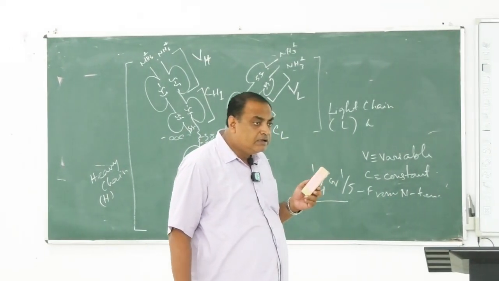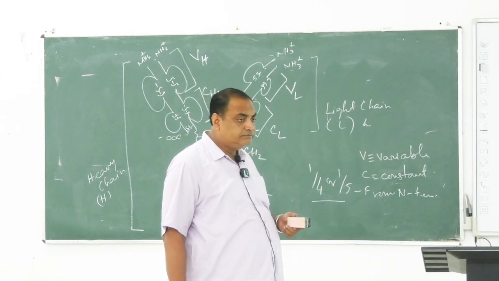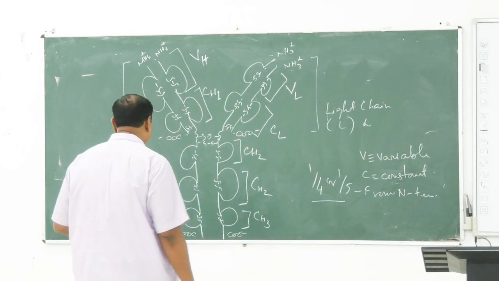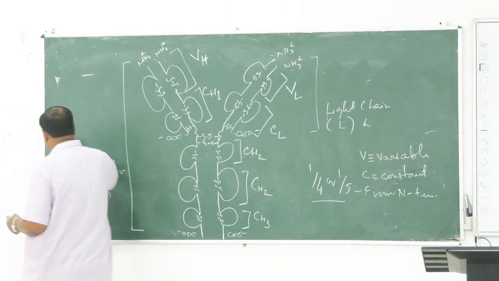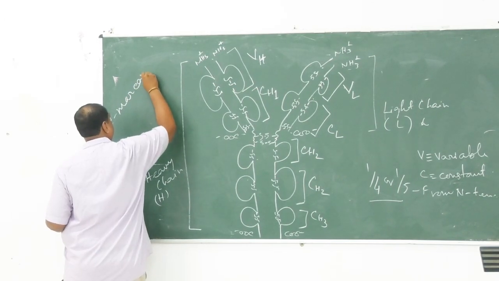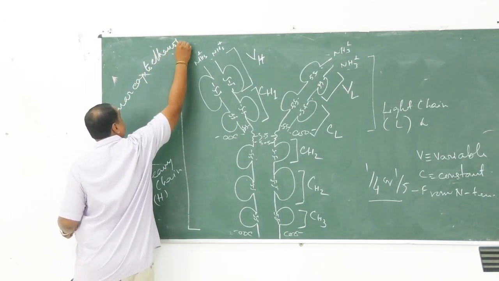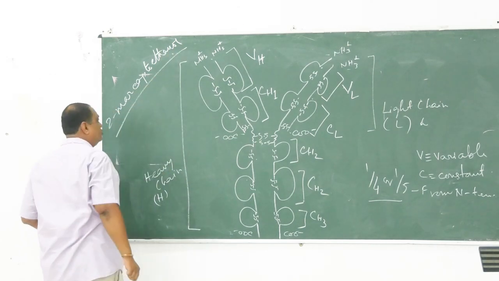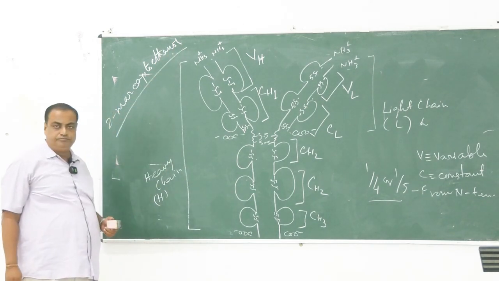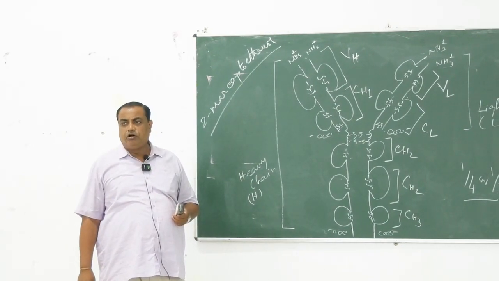It is 2-mercaptoethanol. You digest this protein with 2-mercaptoethanol, then all disulfide linkages will be dissolved.